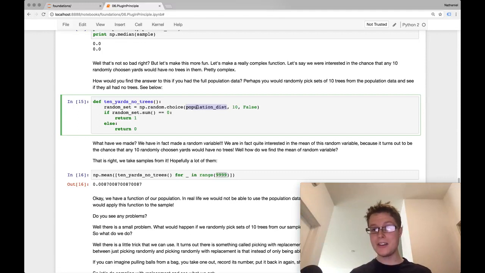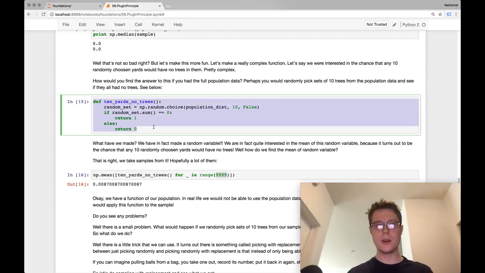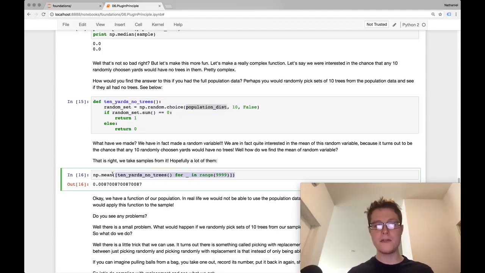So maybe all we need to do is take this very complex function that we created here, which was randomly selecting 10 things from our population distribution lots of times and then finding the mean of that. That's kind of like a very complex function. All we need to do is apply it to our sample. Easy, right? Do you see any problems? There should be one problem that we're going to solve this lecture.